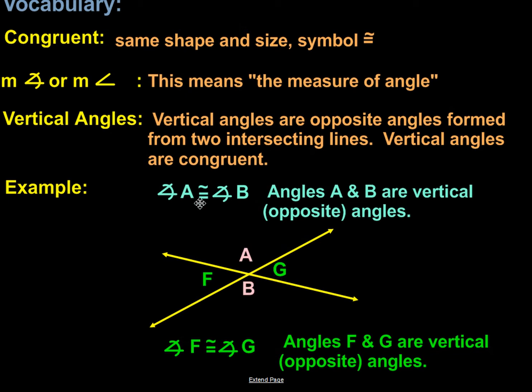So angle A is congruent to angle B because angle A and B are vertical or opposite angles. Angles F and G are congruent because angle F and angle G are vertical or opposite angles. So if you know the value of G, you can say what the value of F is without actually having to find it out. And if you know what the value of A is, you can say what the value of B is, or vice versa.